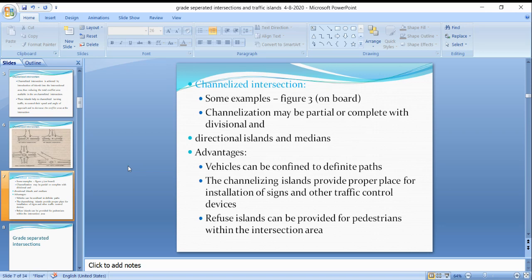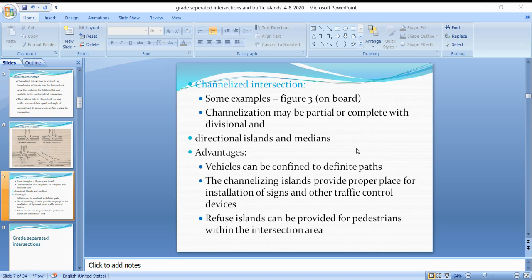So what are the advantages of keeping these islands? Vehicles can be confined to definite paths. By keeping the dividers, they will not go to the other side, so they have a definite path. The channelizing islands provide a proper place for installation of signs and other traffic control devices.